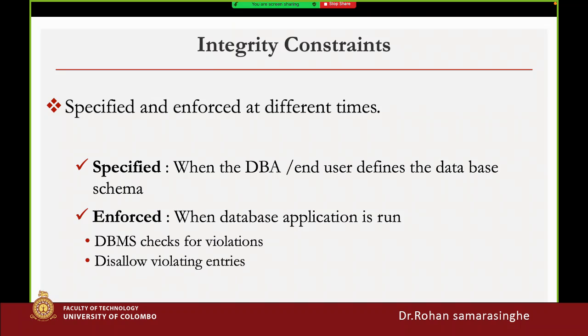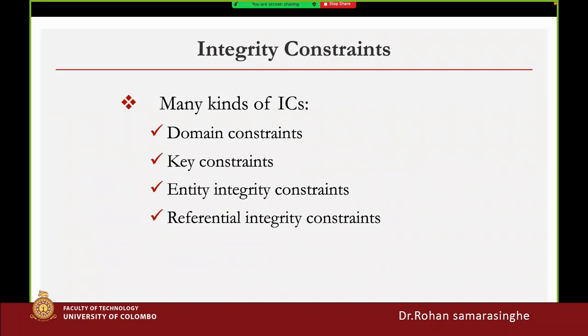So the database administrator or designer must give the correct values for the attributes as domain values. There are four integrity constraints: domain constraints, key constraint, entity integrity constraint, and referential integrity constraint.